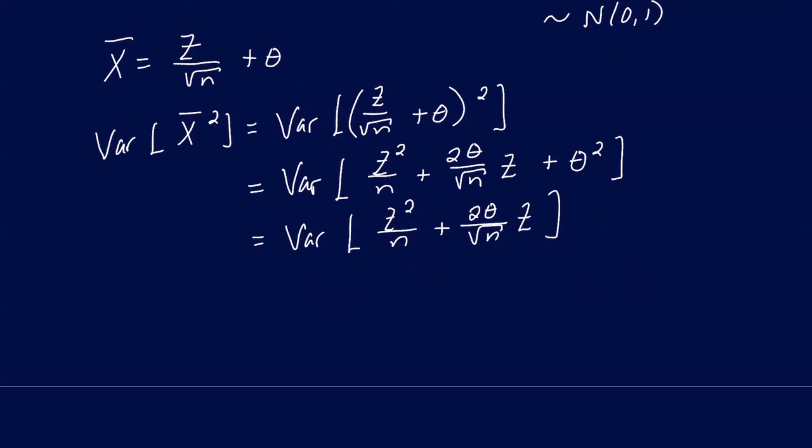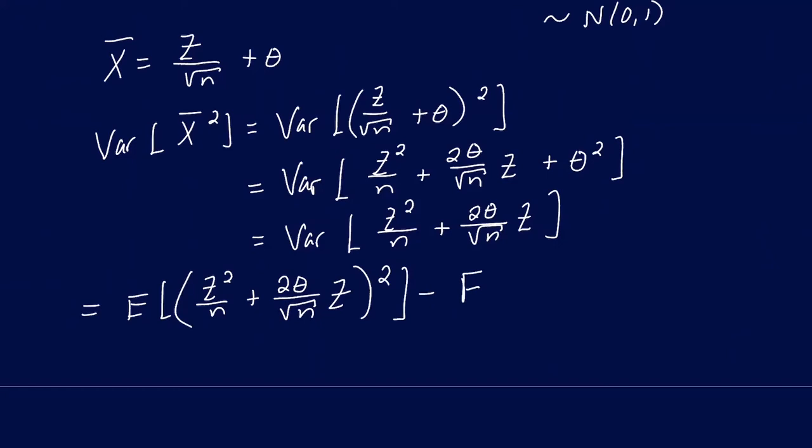So what am I going to do? I think now I am going to write this out with the expectation version of this. This is the expected value of z squared over n plus 2 theta over the square root of n z. I'm making a lot of decisions as we go, and you may not make the same decisions, but you'll end up getting there.